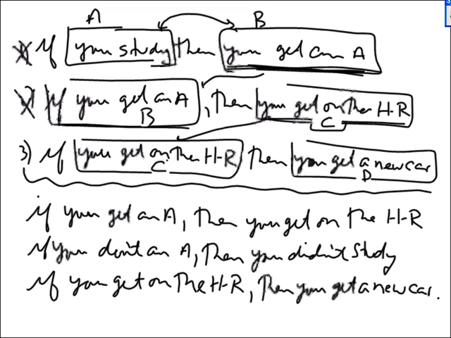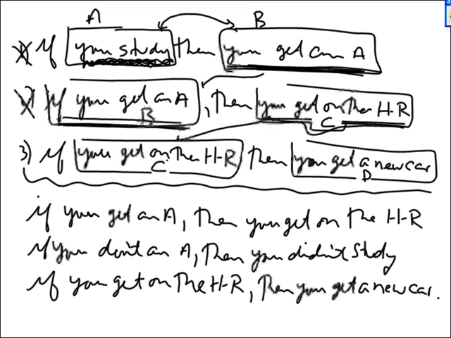Now, I forgot to do one major thing with the top 3. What is the conclusion of the first 3? It says, if you study, then you get an A. And if you study, then you get on the honor roll.